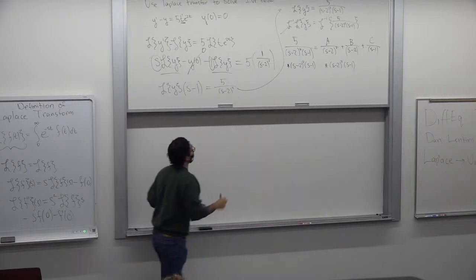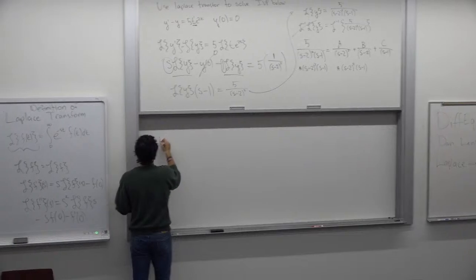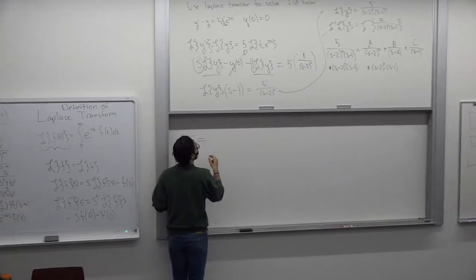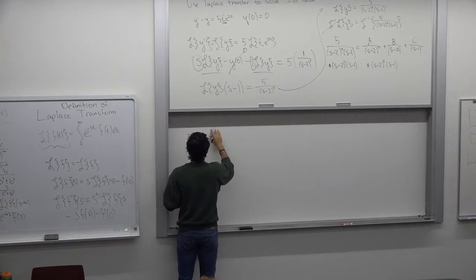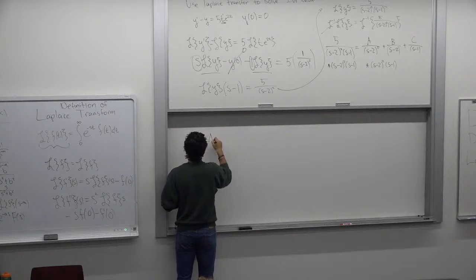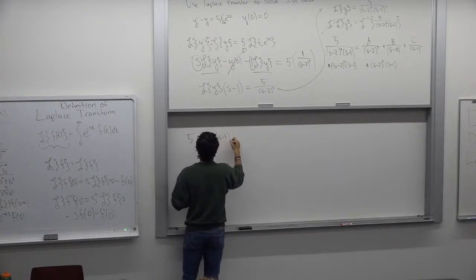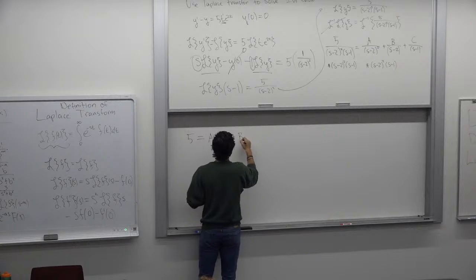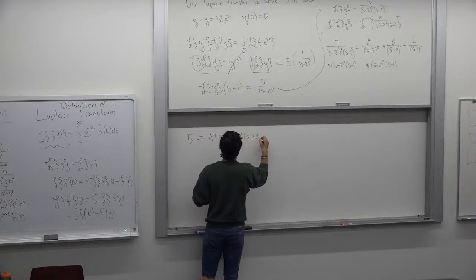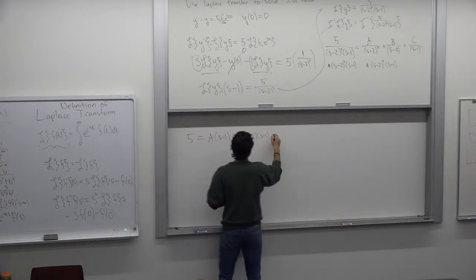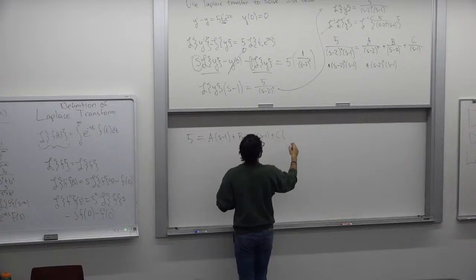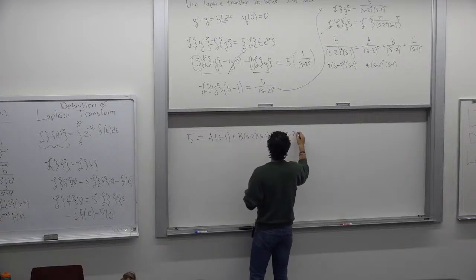And I'm just going to rewrite. We're going to get 5 equals A times s minus 1, plus B times s minus 2 times s minus 1, plus C times s minus 2 squared.